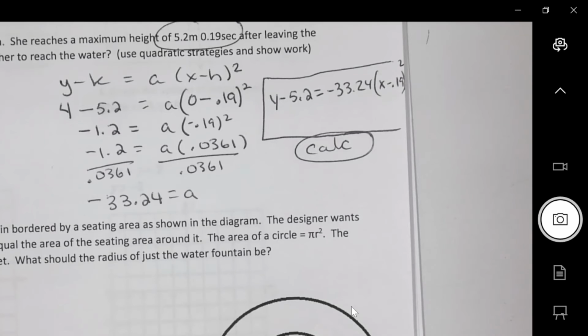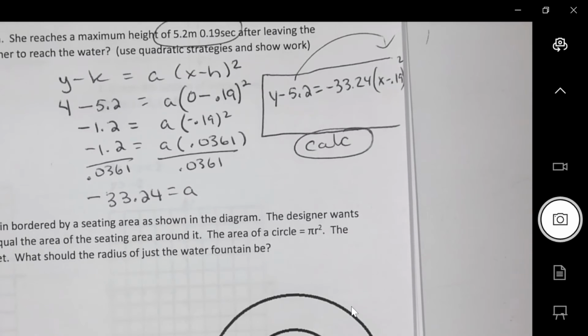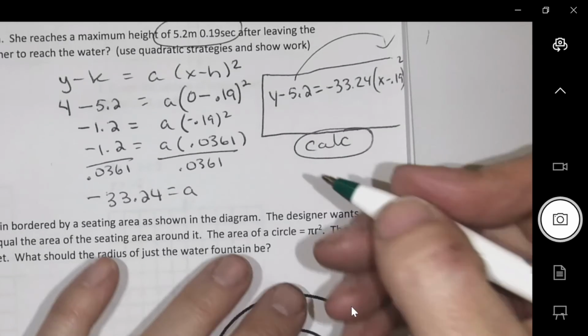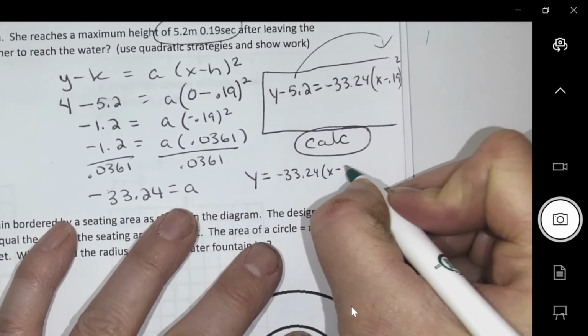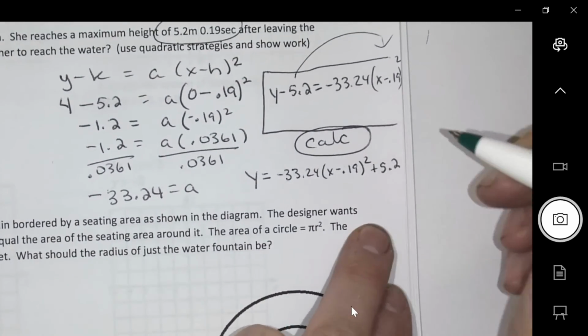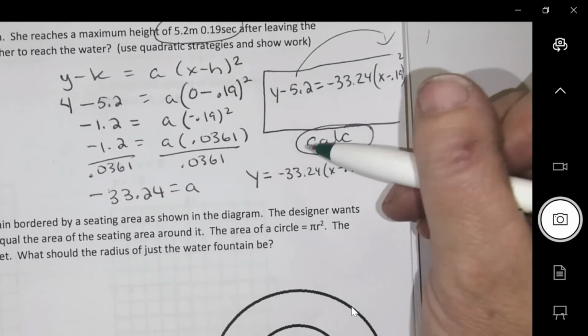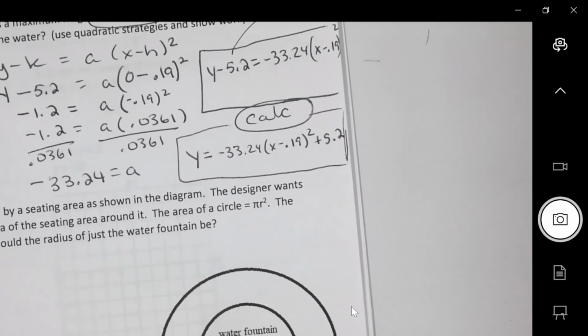So all I need to do for my calculator is I need to move that out of there, because on your calculator the button is just y equals. So y equals, and then at the end, I'm going to write plus 5.2. Okay, because that other form won't work in your calculator, right? Now I'm ready to put that in.